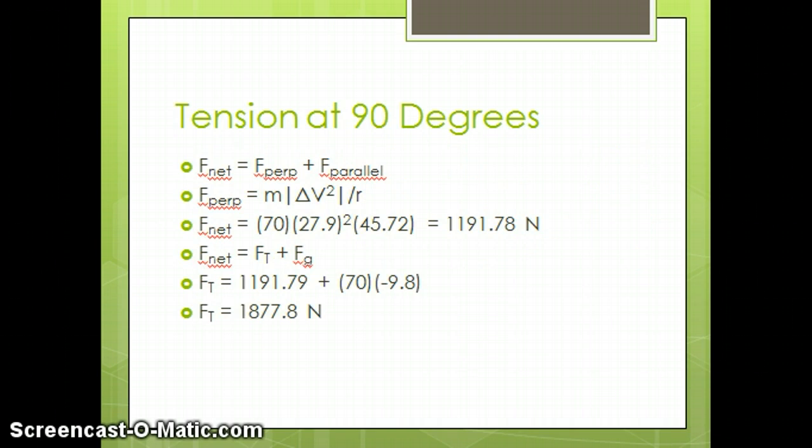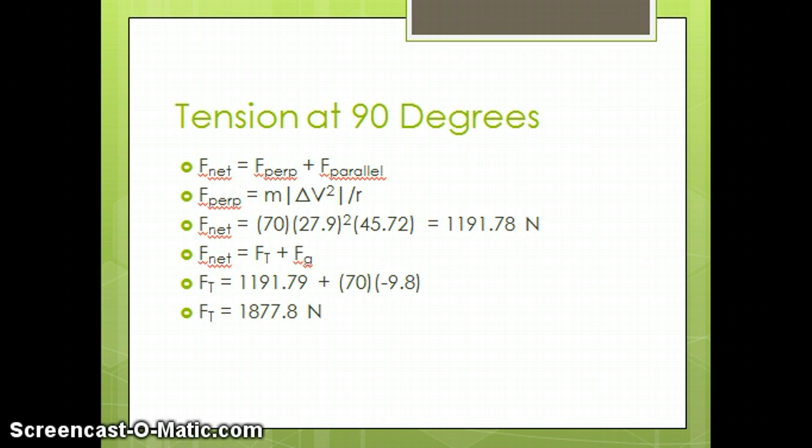The bottom of the rope swing will have the greatest tension and the greatest velocity. F net is equal to the perpendicular force plus the parallel force. F parallel at the bottom equals 0, so F net is only equal to F perpendicular.